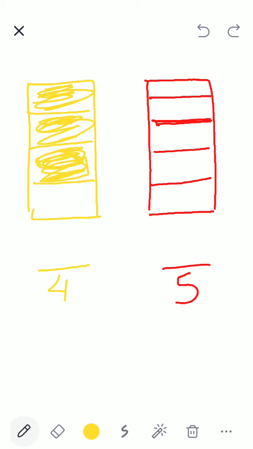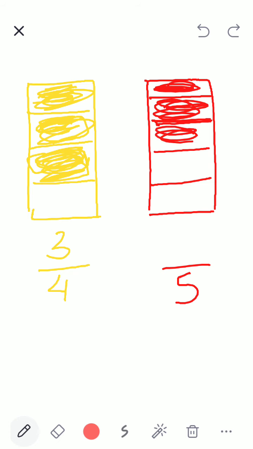What fraction of chocolate have I taken from the yellow? 3/4. Okay. And from the red chocolate, I take 4 pieces. So I have 4/5 of the chocolate.